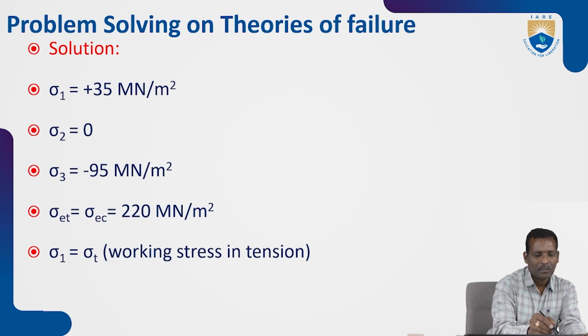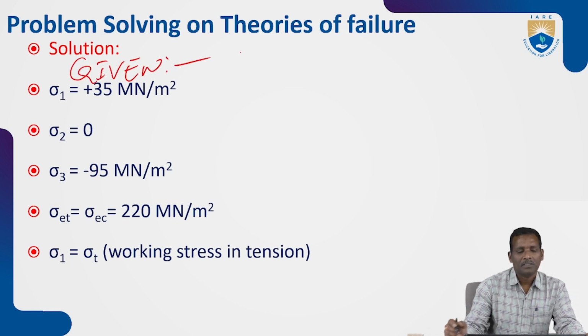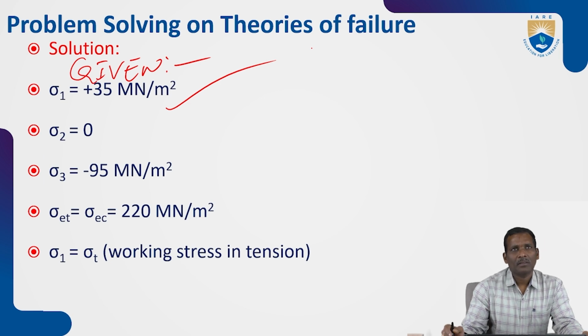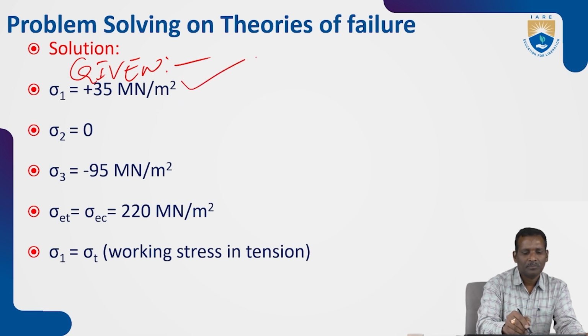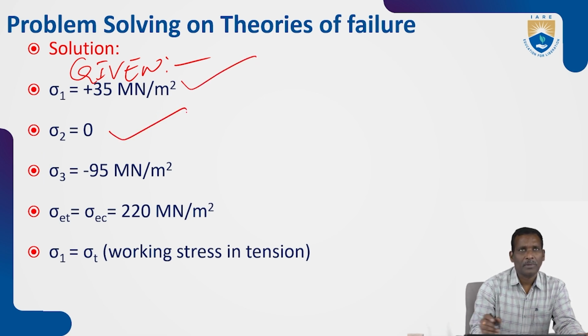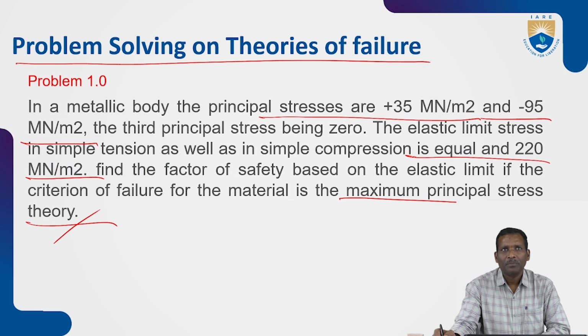So here given sigma 1 is 35 meganewton per meter square, sigma 2 is 0 and sigma 3 is minus 95 meganewton per meter square. Sigma 2 is 0.